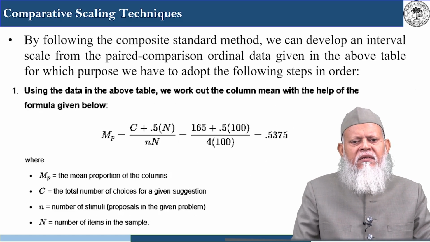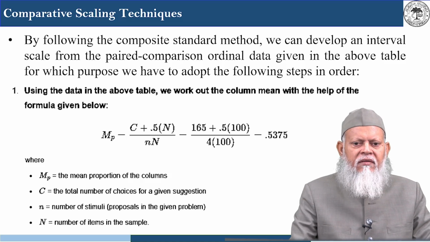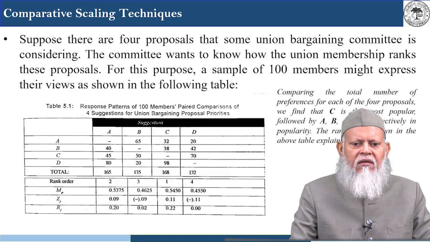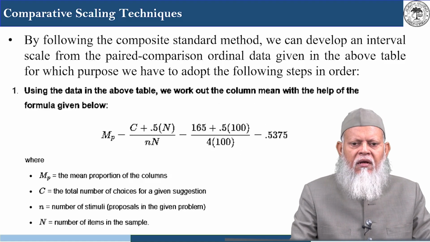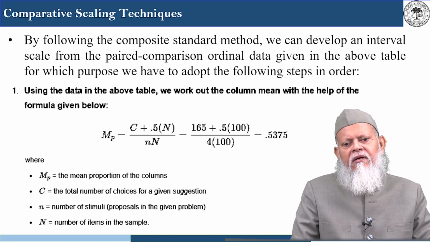Then, by following the composite standard method, we can develop an interval scale from the paired comparison ordinal data given in the above table, for which purpose we have to adopt the following steps in order. So now the job is to use this data for developing an interval scale from the paired comparison ordinal data.